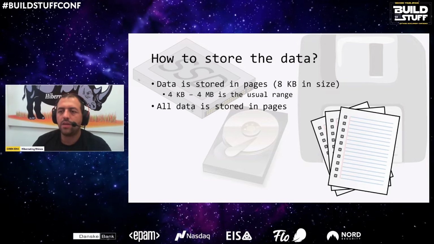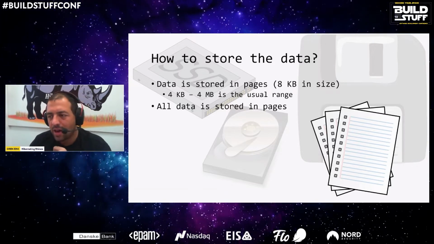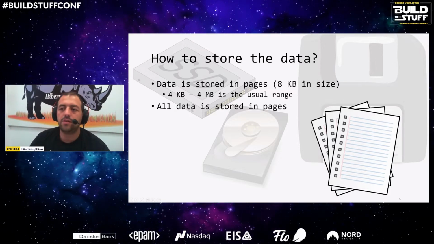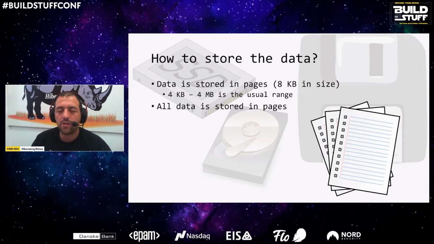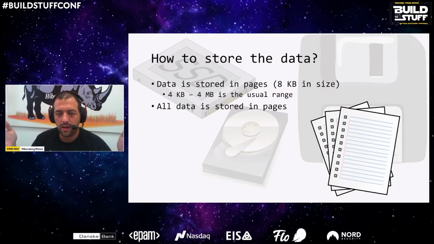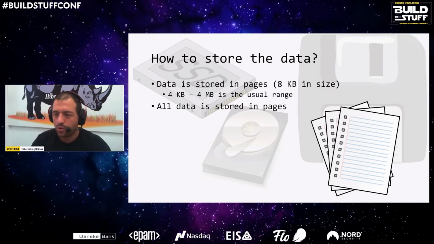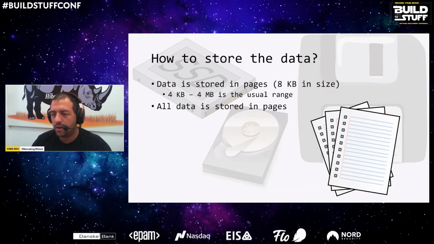Most databases have the concept of pages. And I'm not sure where the term pages comes from, probably from something like this, because I have all of the pages in my database, in the file, in the block storage, etc., and I can modify each page independently.